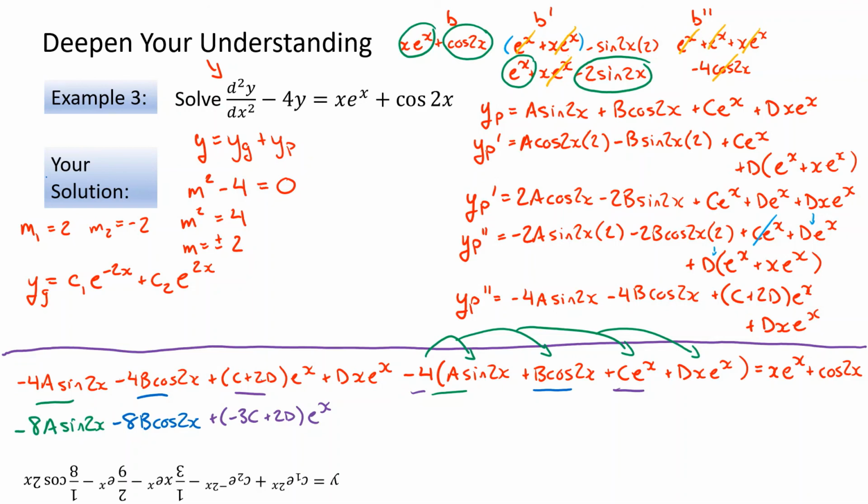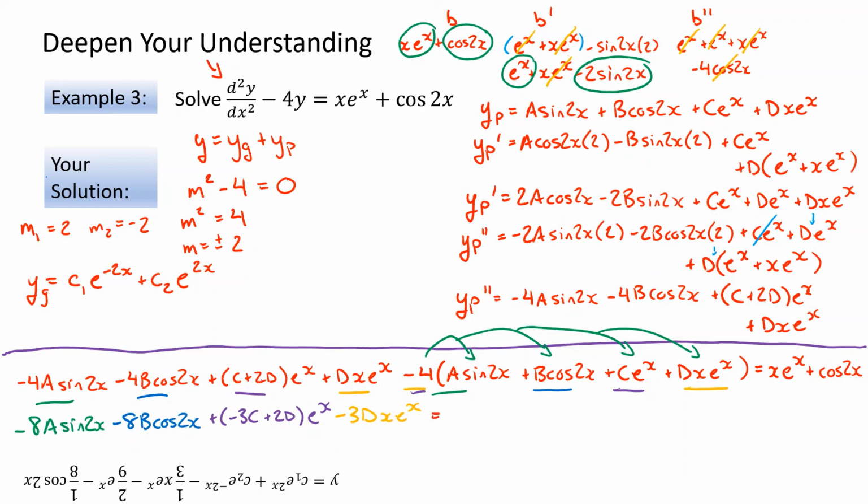Now our last one, let's do it in this orange color. We have a d times x e to the x and a negative 4d x e to the x, because distributing in the negative 4. So what we're left with is minus 3d x e to the x.